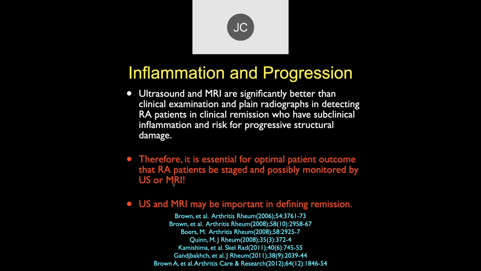If there are positive signs by ultrasound or MR of ongoing inflammatory disease, and MR is much more sensitive of the two, that may not be a remission, and it's possible that they should stay on drugs, or if they are on drugs and continue to have inflammatory disease, their regimen should be bumped up to a more aggressive treatment. There are a number of studies that looked into this and suggested this as a possibility. We'll come back to this later.